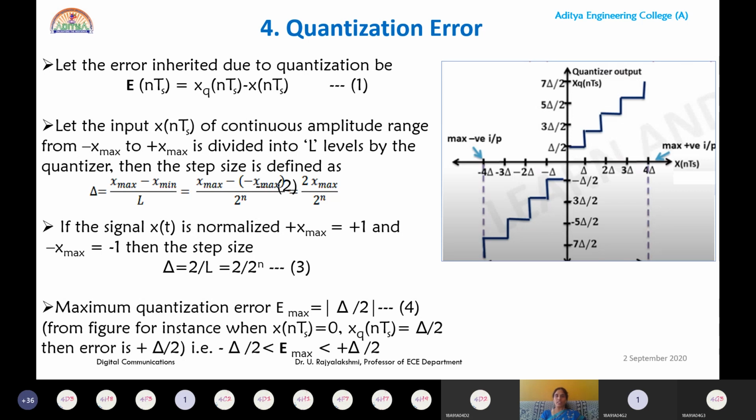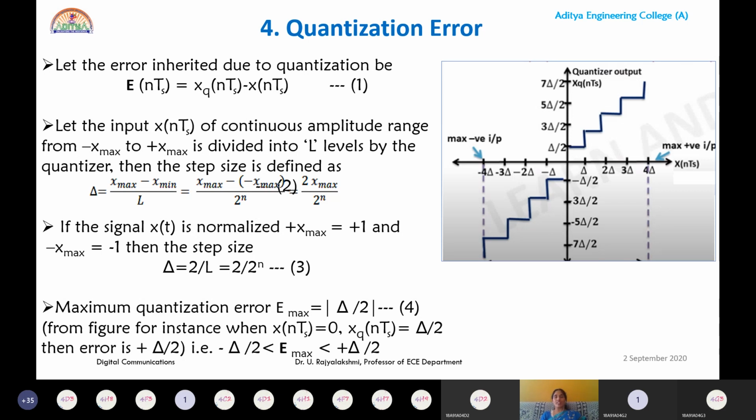The y-axis is divided into 2 power n number of levels, which we assumed as L levels. Also observe that the x-axis is a continuous signal, so let that amplitude range from minus x max to plus x max. On the negative extremity, let the magnitude be minus x max, and the positive extremity be plus x max.